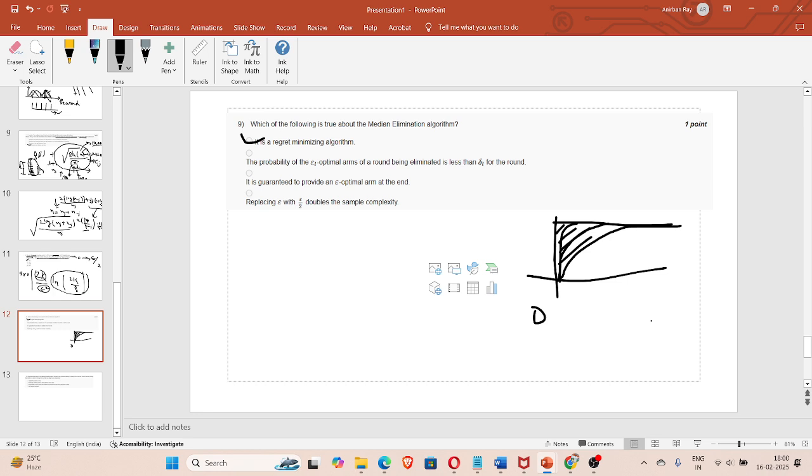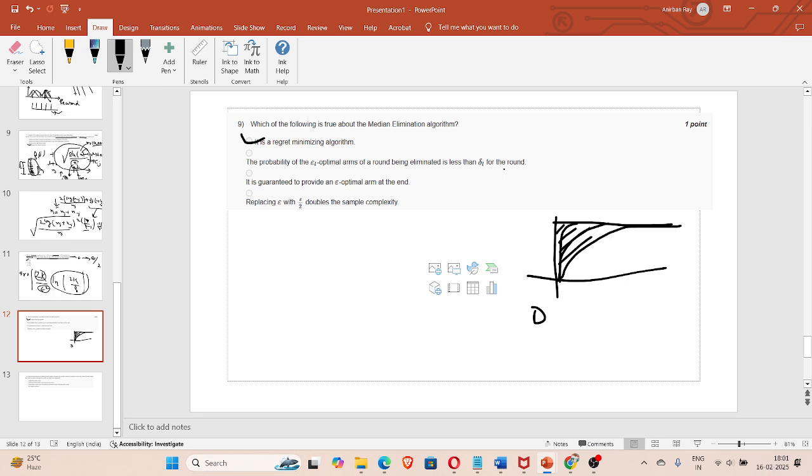So it is something like this. You can understand what epsilon L and delta L for the round represent.